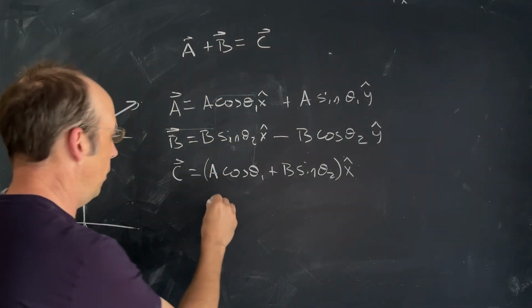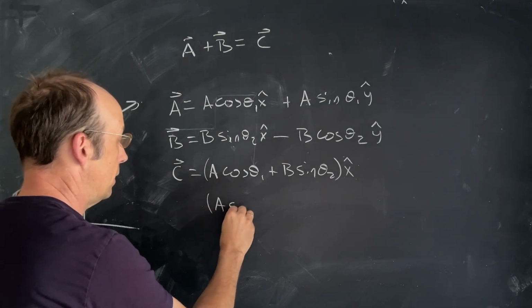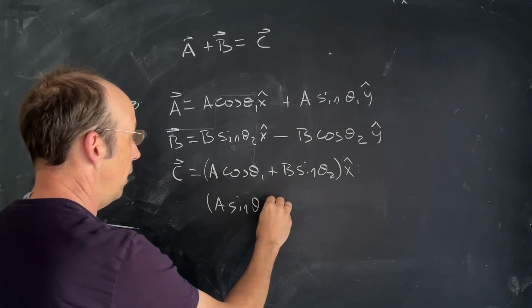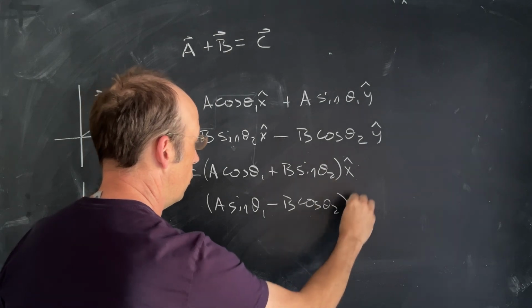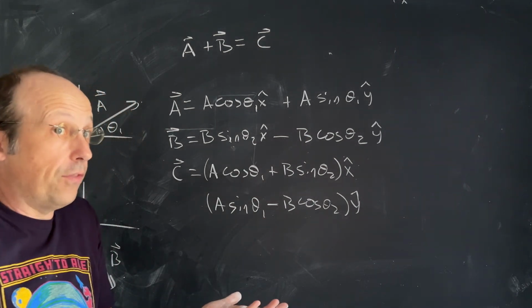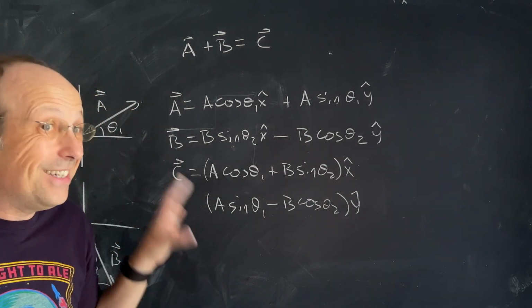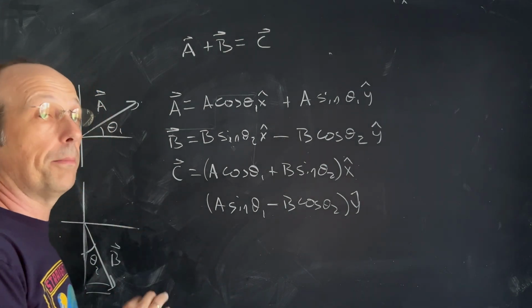And then I'll put the y hat below it. For the y hat, it's going to be A sine theta 1 minus B cosine theta 2 y hat. So that's just a number, and that's just a number. I'm technically done finding the sum of those two vectors. I just have it in component form.